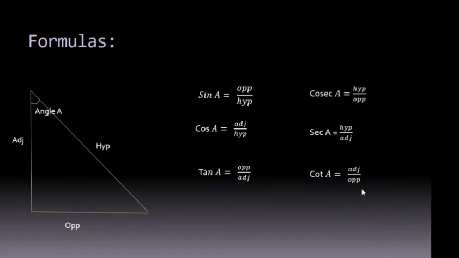Okay, these are the reciprocals of these three trigonometric functions. Similarly, if you are considering this as the angle under consideration, for this particular angle, this will become the opposite side and this will be the adjacent side. Hypotenuse will remain the same and accordingly your definition will change over here.